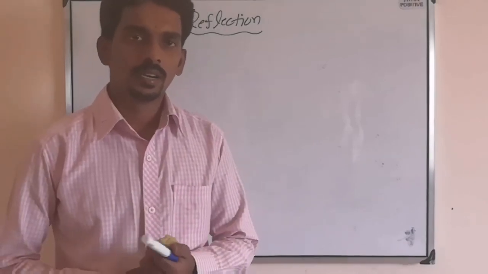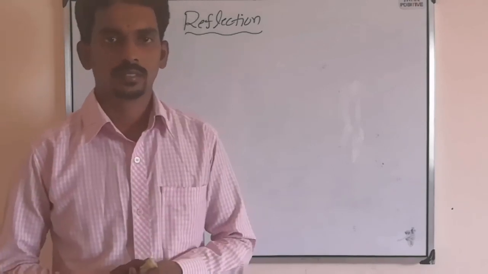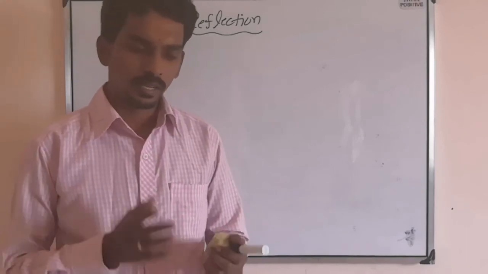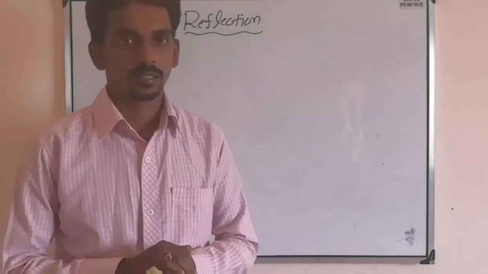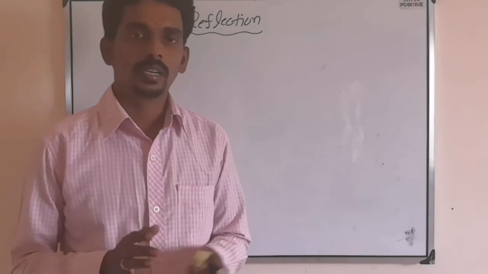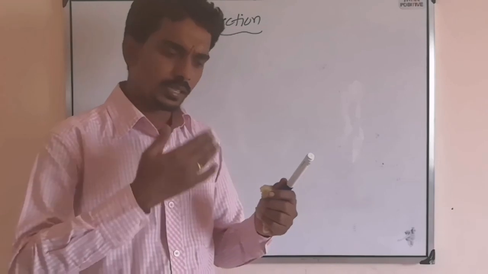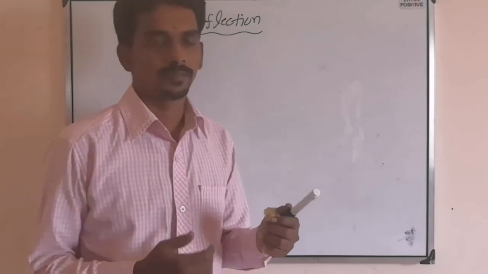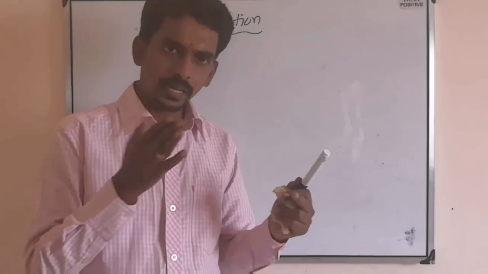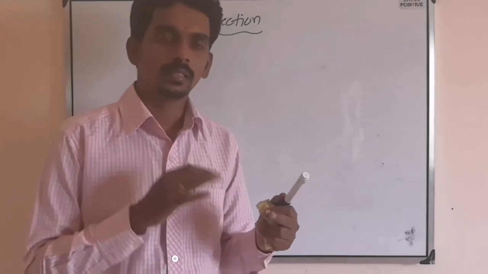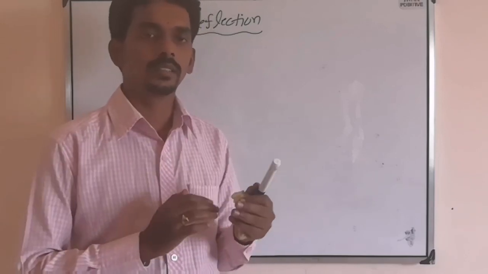Today we are going to study about the standing wave formation. Of course, we have already studied a little bit about it in the previous class where we studied reflection of wave. When a wave is traveling in one direction, hits a surface and reflects back, then it superimposes with the incident wave.